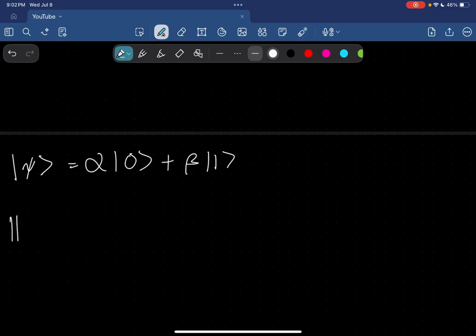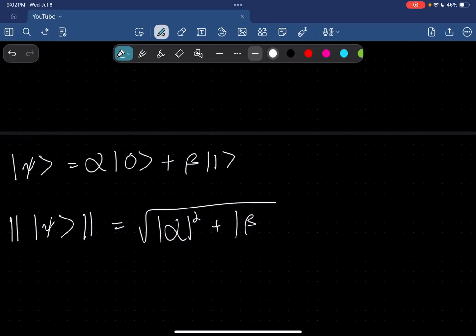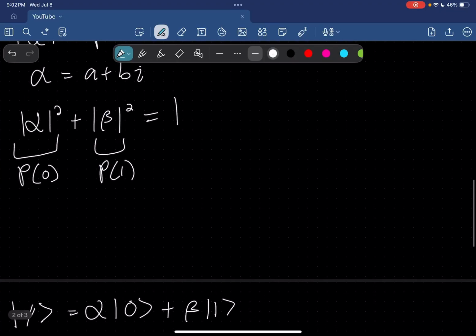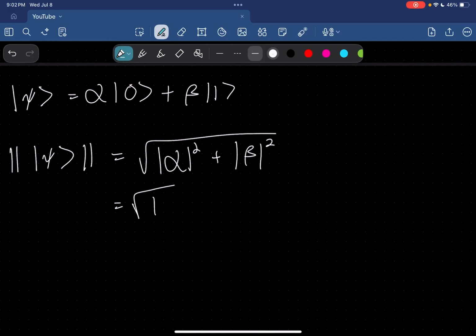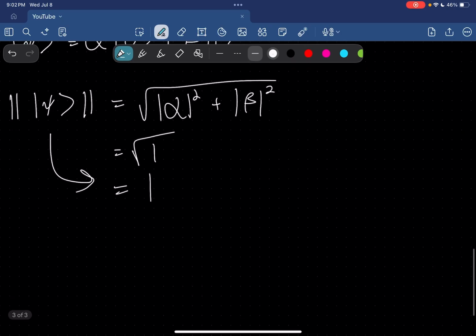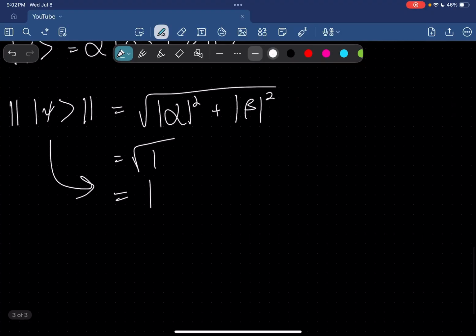The norm of this vector is just going to be the square root of mod square alpha plus mod square beta. We know from above that this sum has to equal 1, so this is just the square root of 1, which is just 1. So this is an important fact: the norm of any quantum state, or any qubit, is always going to be 1.